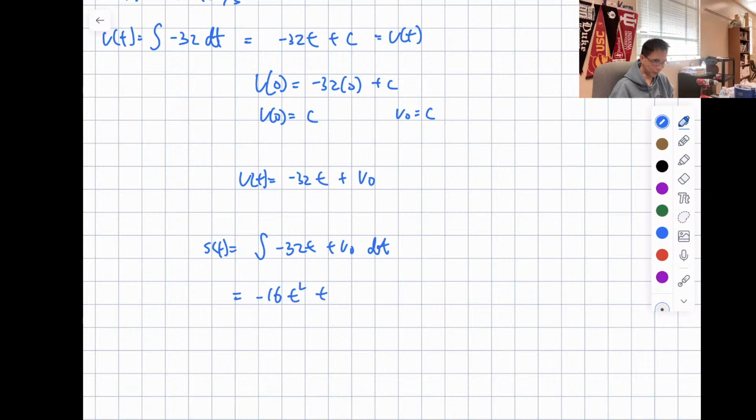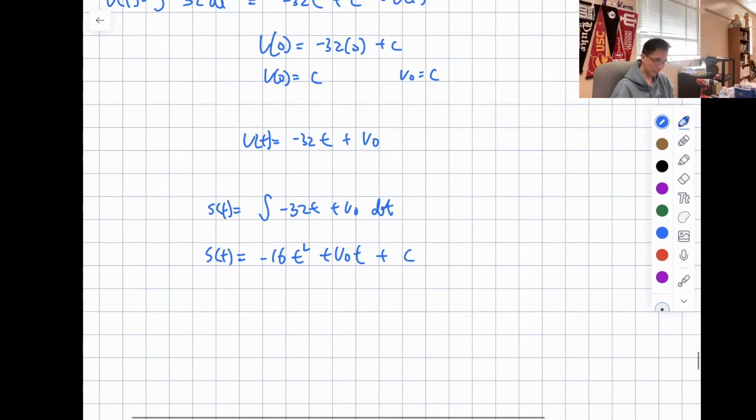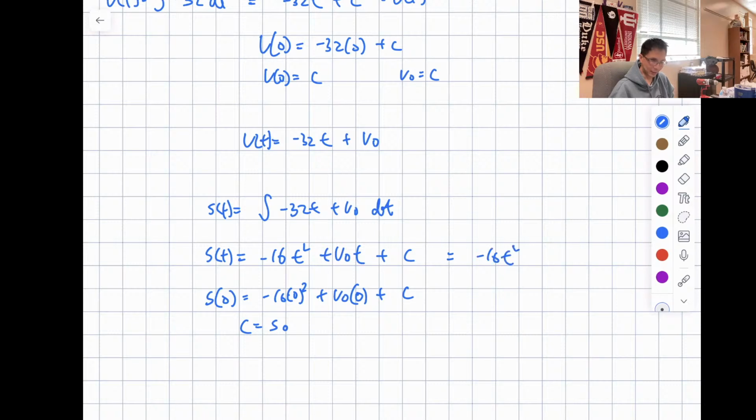So negative 16t squared plus v0t plus c, right? Now again, what is that c in this case? Initial position. So c is equal to s of 0. Therefore, this is equal to negative 16t squared plus v0t plus s0.